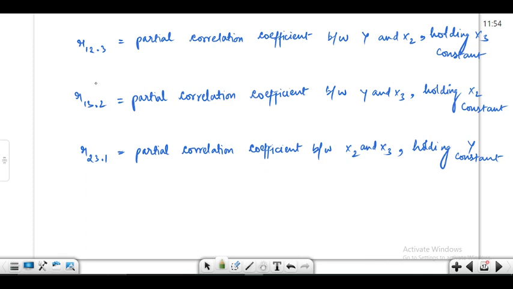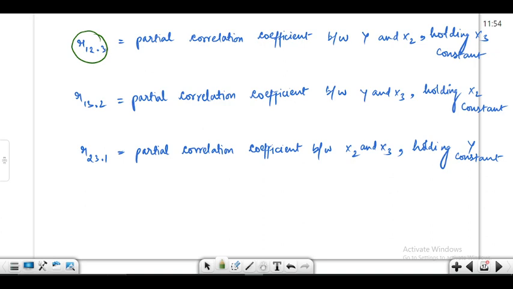So this is the way to denote a partial correlation coefficient. This R12.3 means that it is the partial correlation coefficient between y and x2 when you have fixed the x3 variable, or held the x3 variable constant.